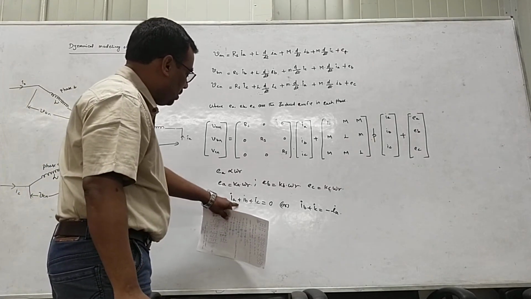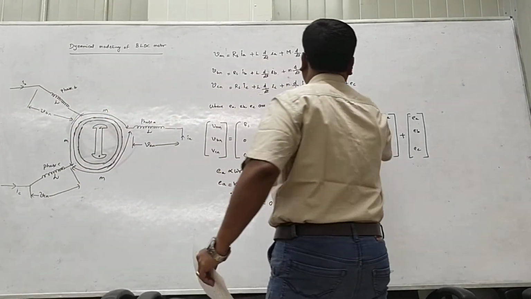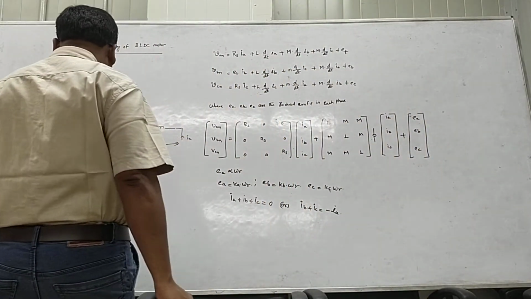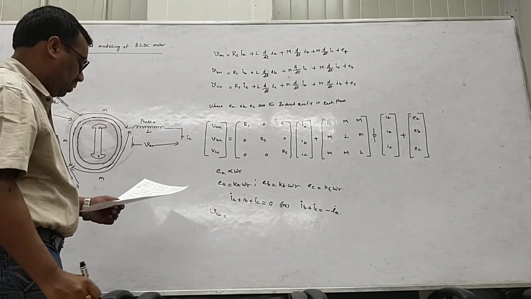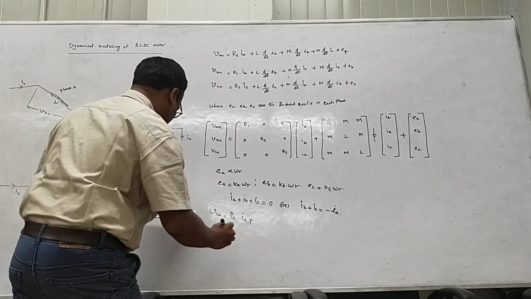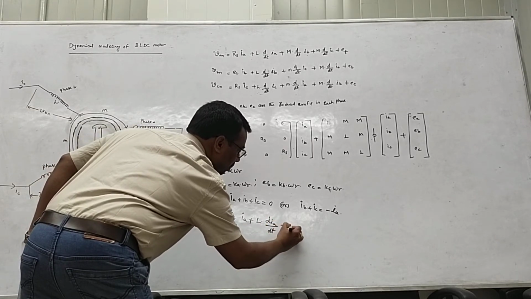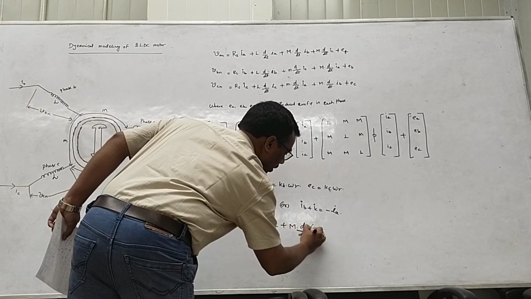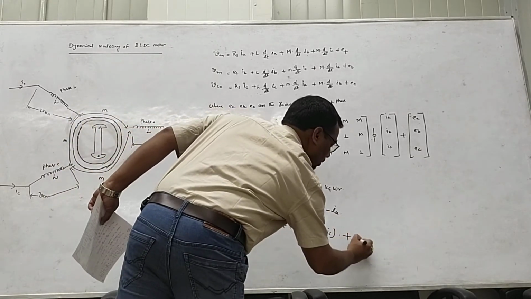Based on this expression, what I am doing here is replacing IB and IC in terms of IA. If you consider VAN, you write down the expression: the applied voltage VAN is equal to RS into IA plus the self-inductance L into dIA by dt plus mutual inductance M into d by dt of IB plus IC, plus the induced EMF.